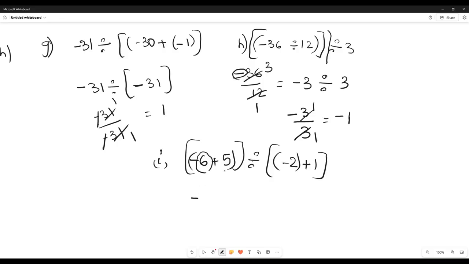Negative. So from 6 you have to remove 5. So the remainder is minus 1, divided by, here 2 is the bigger number. The sign of 2 is negative. So minus 2 plus 1 is minus 1. So minus 1 divided by minus 1. The minuses cancel and we get the answer as 1.